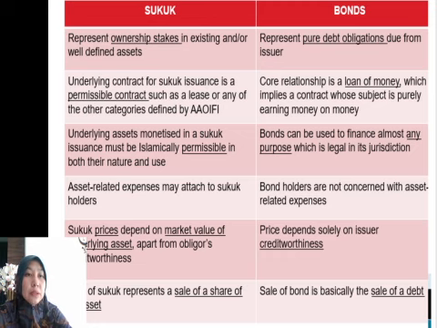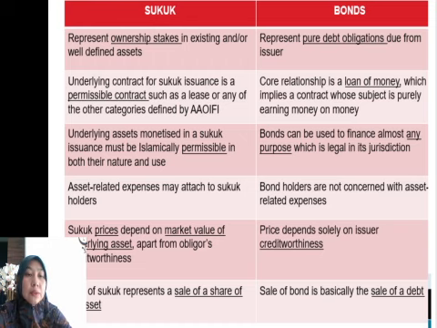Pure debt. The underlying contract for sukuk issuance is a permissible contract, which is an Islamic contract, and the core relationship of the bond is a loan of money from the investor to the business owner. The underlying asset monetized in a sukuk issuance must be Islamically permissible. So the asset also must comply with the Sharia. You cannot issue a sukuk to build a wine factory.